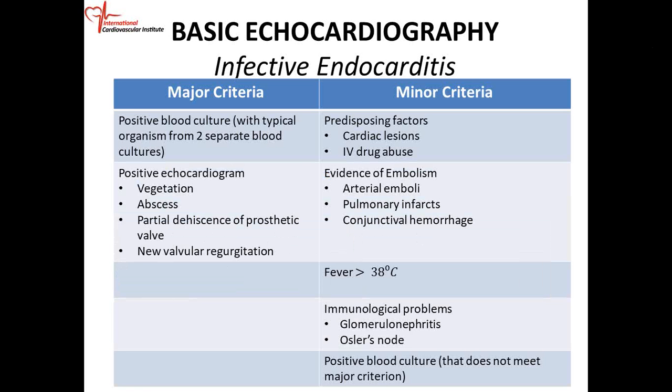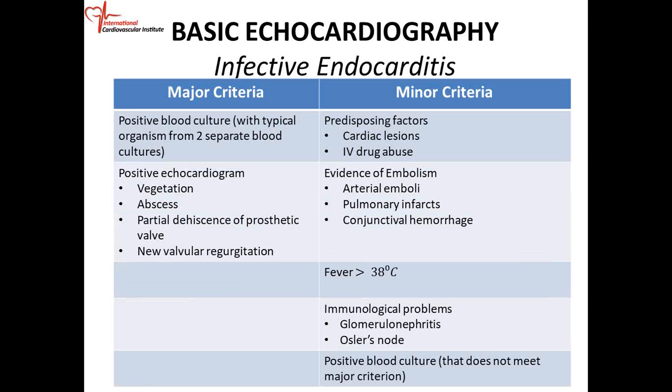So remember, for the major criteria blood culture, you have to have positive cultures from separate sites. Okay. For a minor criteria, you might say if you did 6 blood cultures and 4 of them come back positive, you may have a minor criteria there. So, these are the minor criteria.